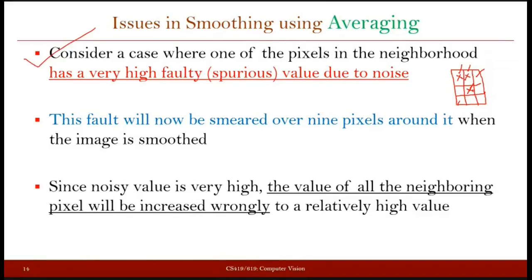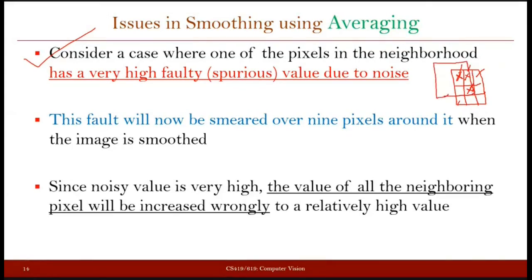But because of this smoothing effect, all these neighboring pixels will actually get changed, because whenever you consider one of them as the central pixel, one of the pixels in its neighborhood will be this spurious pixel.